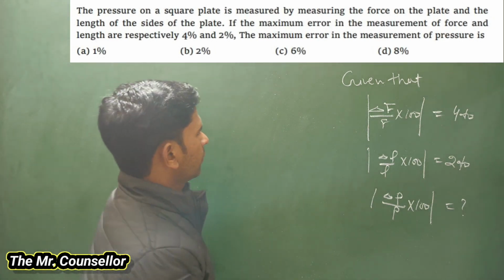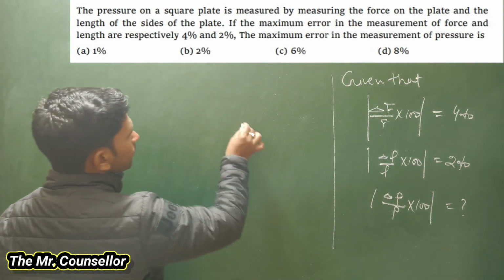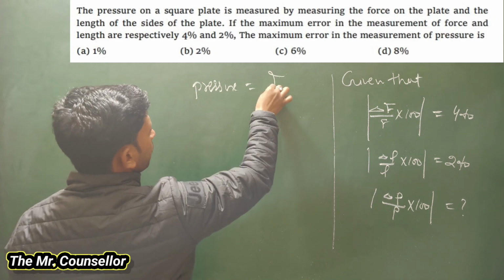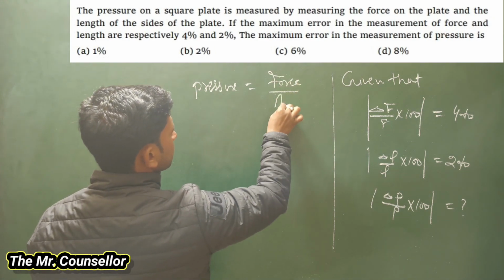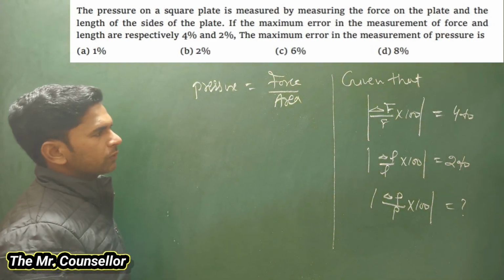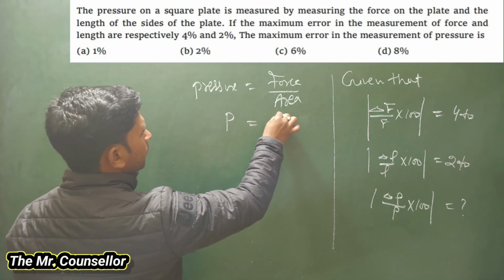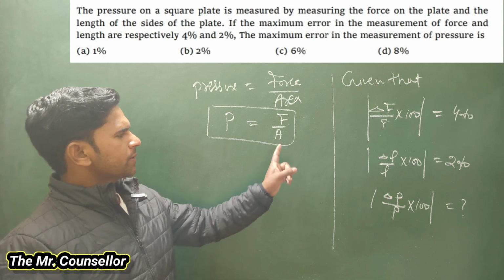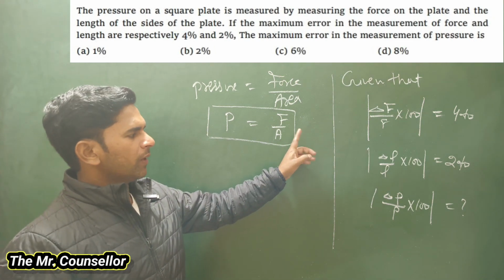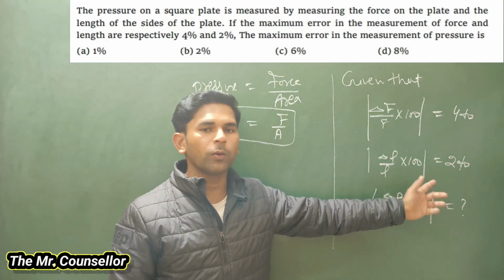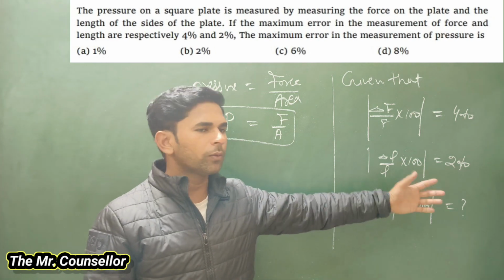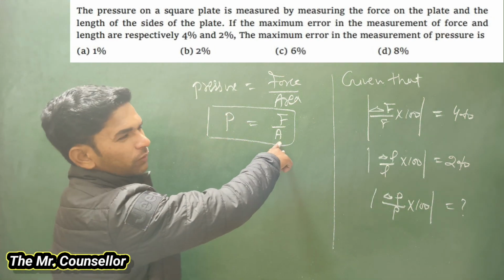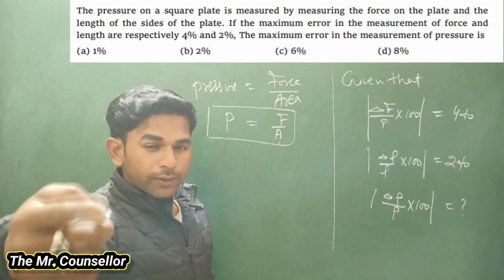You know one thing: pressure is equal to force upon area. So we can write P is equal to force upon area. Here is the area, this is the force. But here the area is not given; it is given in the form of length. So we need to change this area into length form.